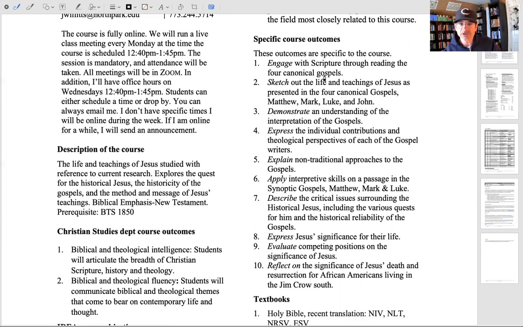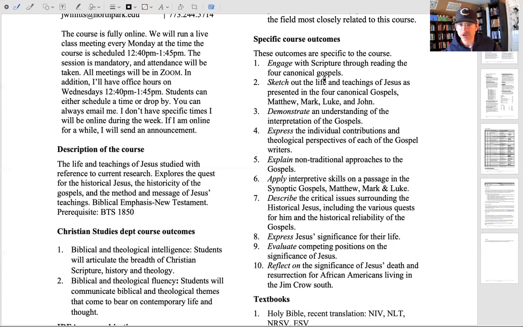Demonstrate an understanding of the interpretation of the Gospels. And here I mean understand how to interpret the Gospels. So that's a process, skill oriented outcome.